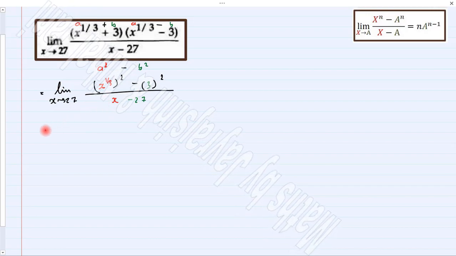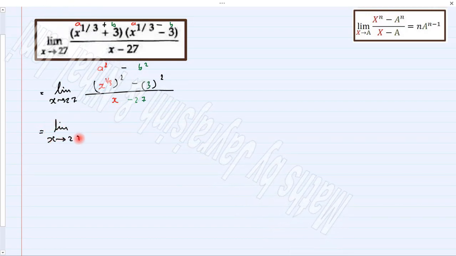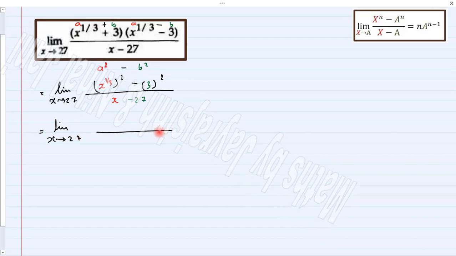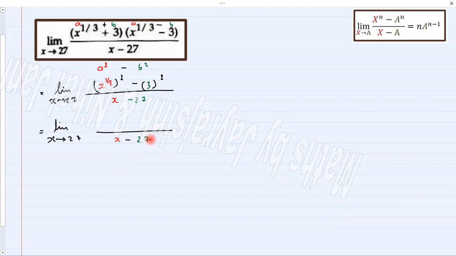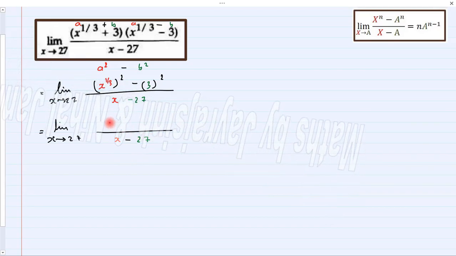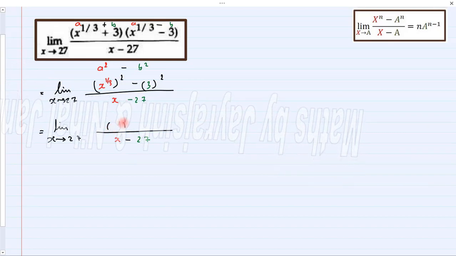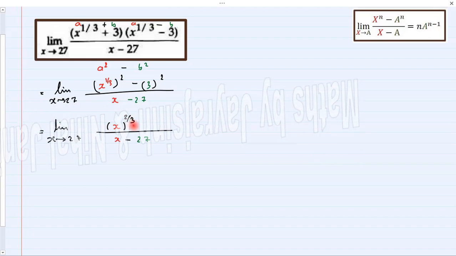Now let's compare with the standard form. Your limit is x tends to 27. In denominator, we have x minus 27. So we just need x minus 27 in the numerator with certain power. So let's write down x raised to 2 by 3.